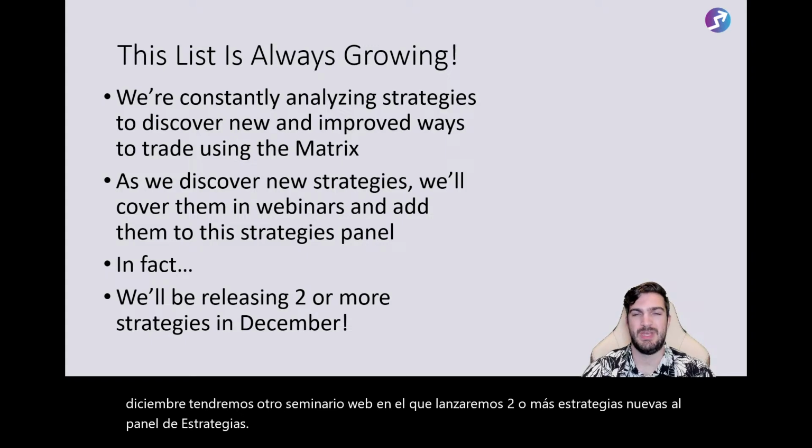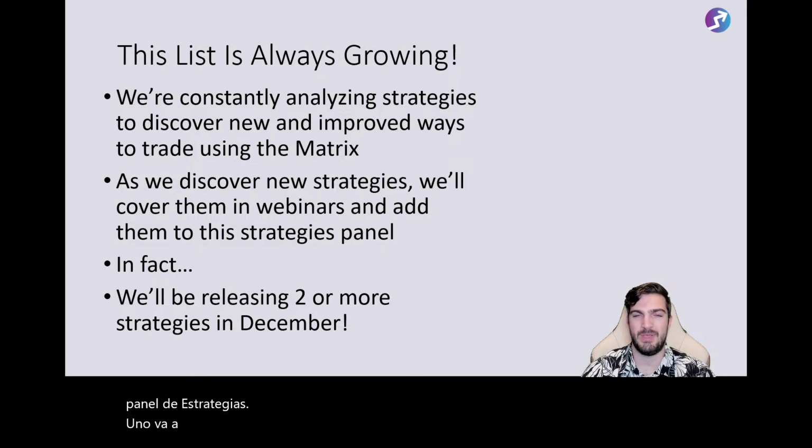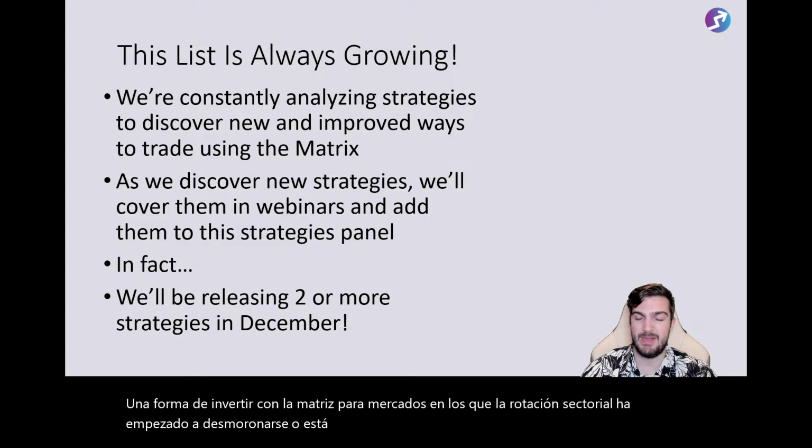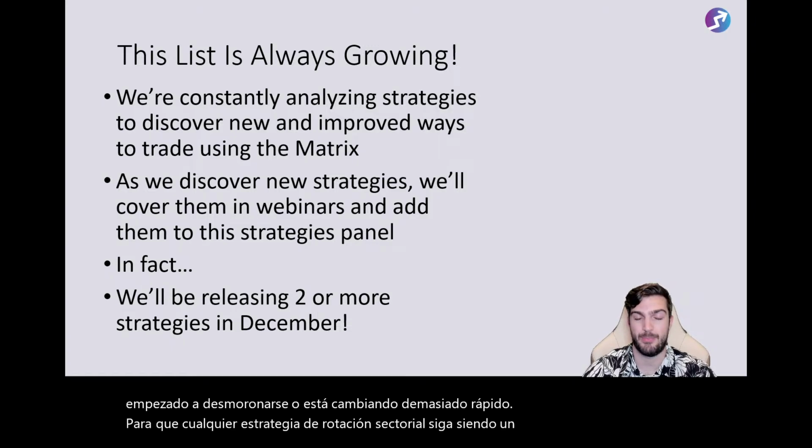One is going to be a strategy that is supposed to be more defensive, a way of investing with the matrix for markets where sector rotation has begun to fall apart or is changing far too quickly for any more sensitive sector rotation strategy to keep up with.